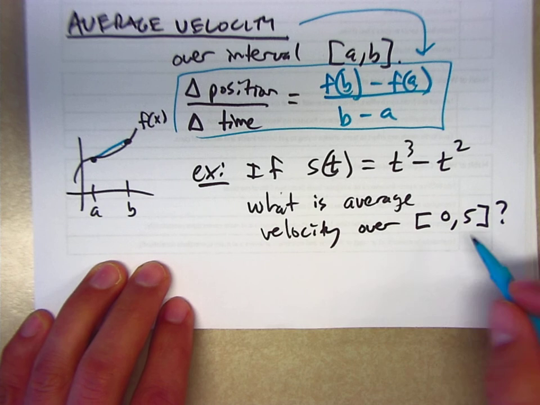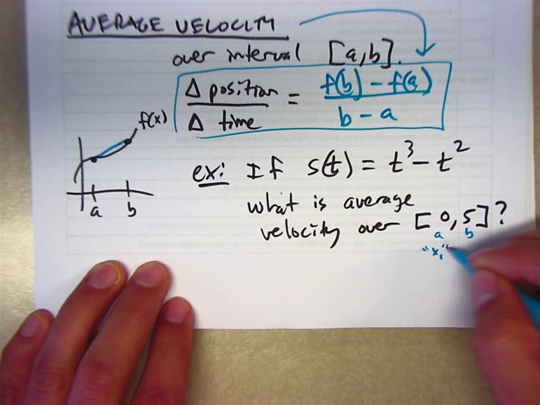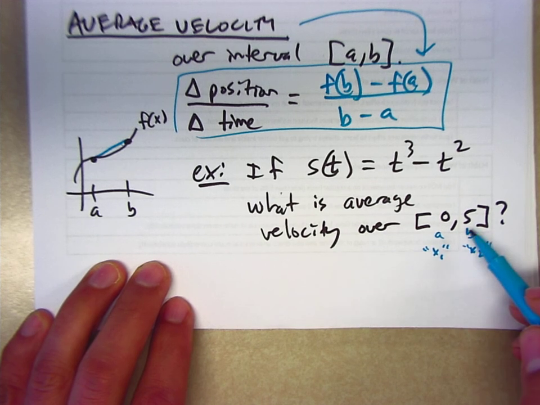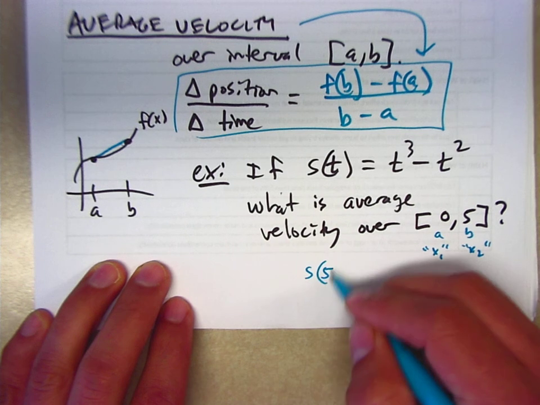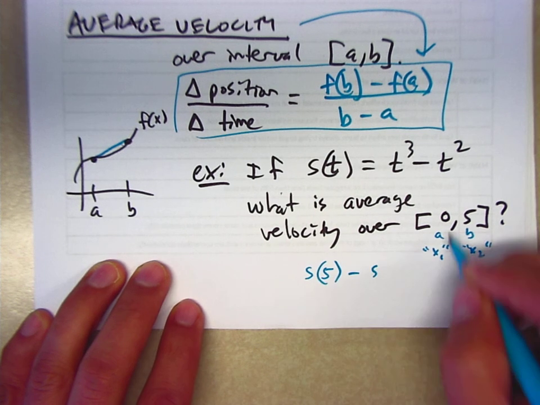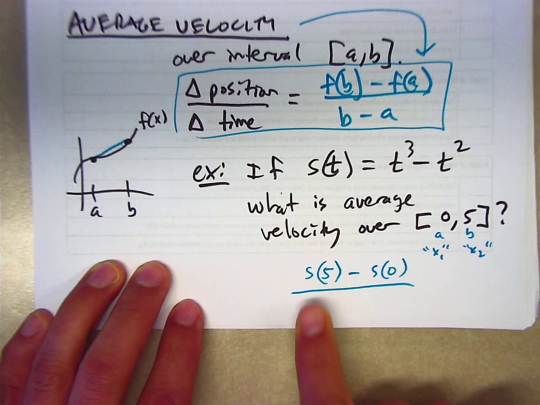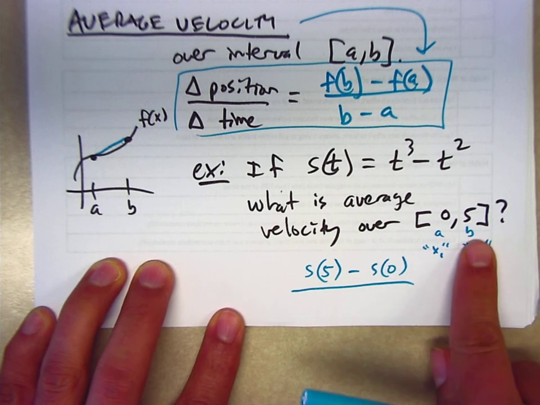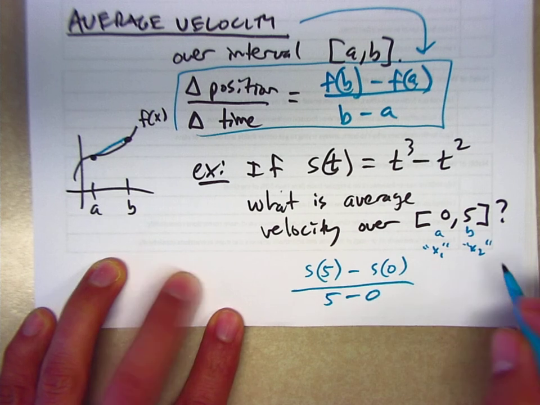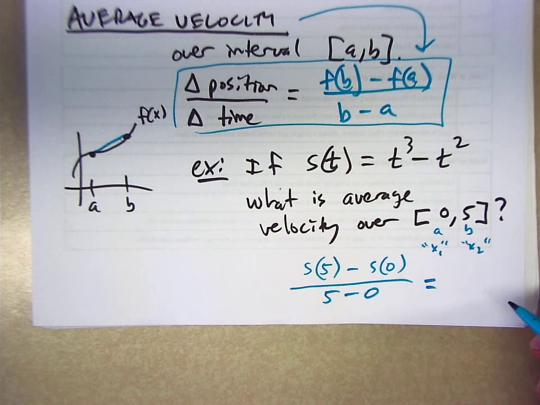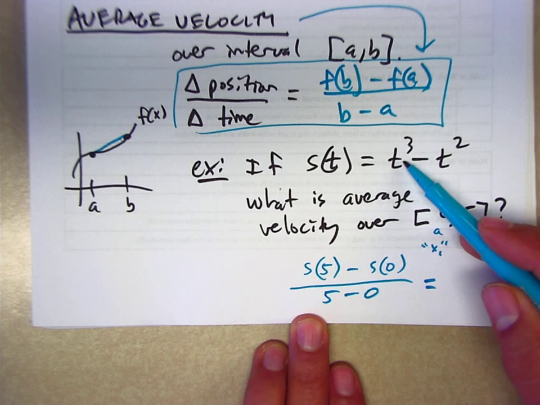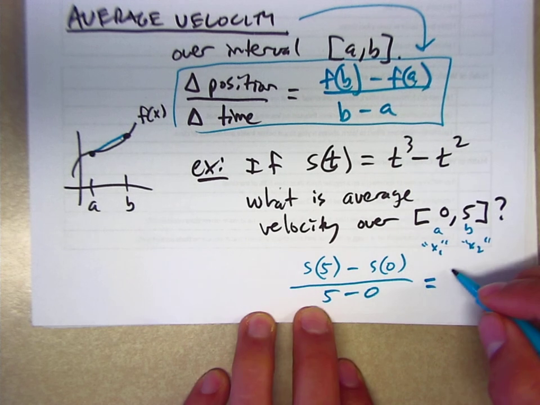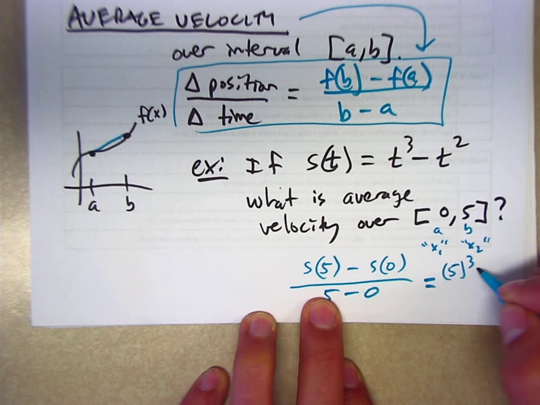Remember this is like your A and B or your x1 and your x2. You plug both of those in, so you're going to do s of 5 minus s of 0. That's your y2, that's your y1, over x2 minus x1, which is 5 minus 0, and you just figure that out.